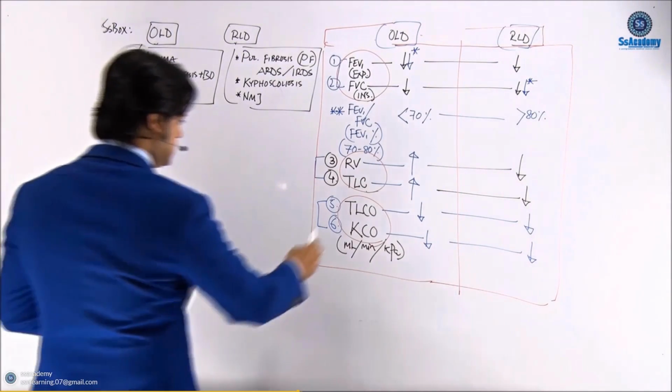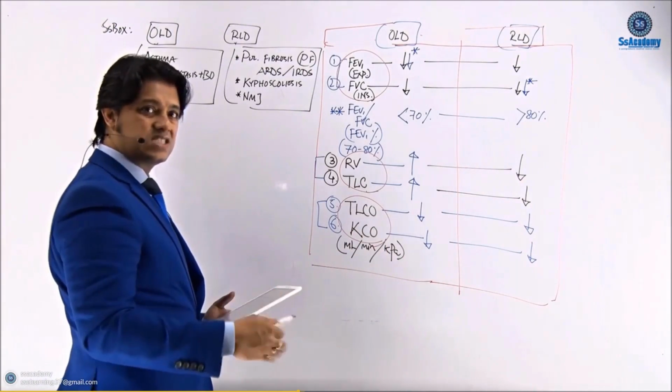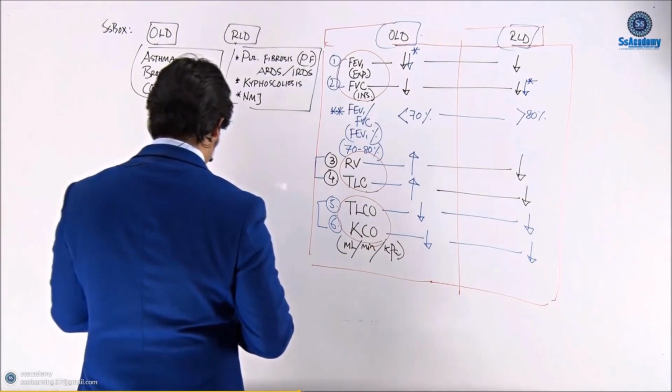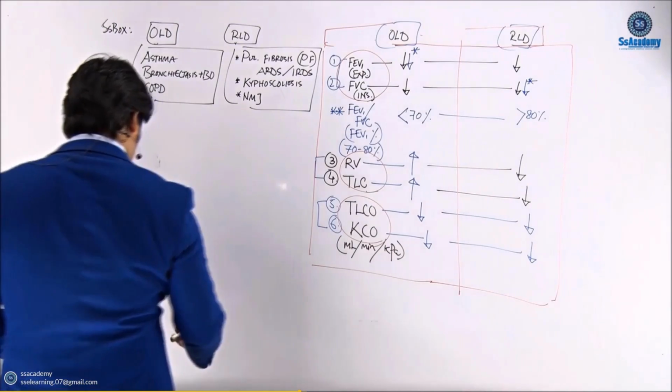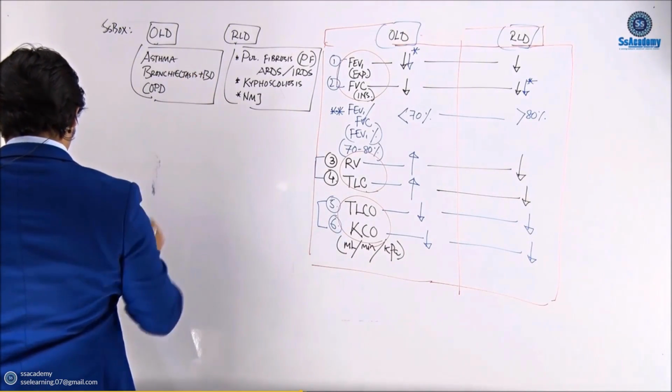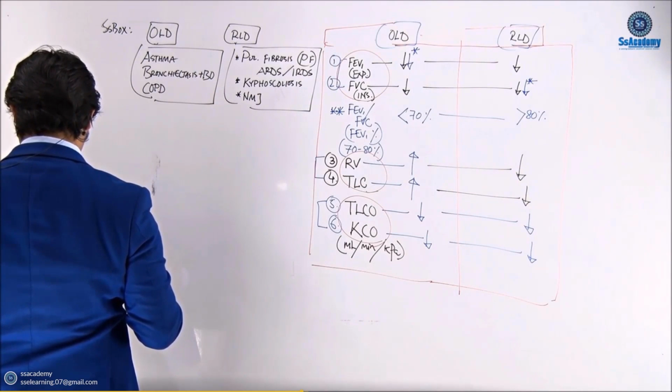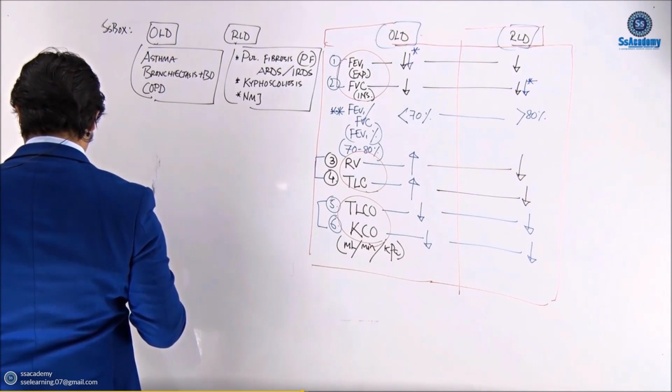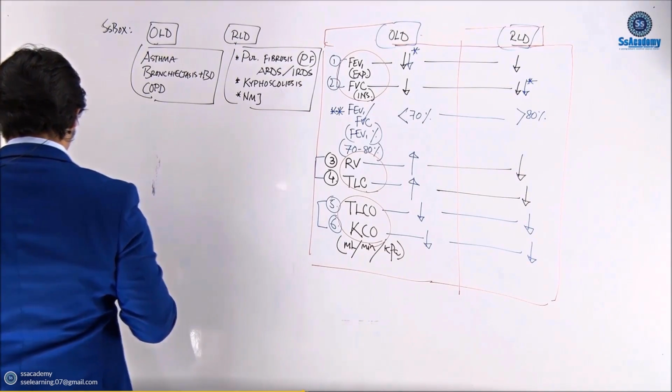We call this the TLCO, which is nothing but the transfer factor. All right. We are writing now the transfer factor, a box that will be helpful. What is that?